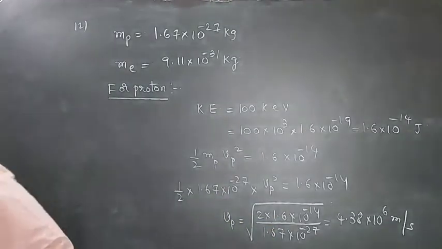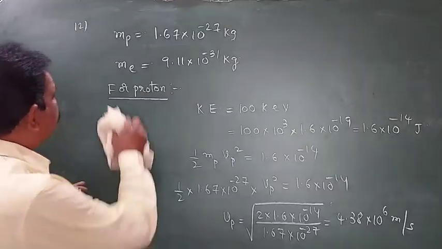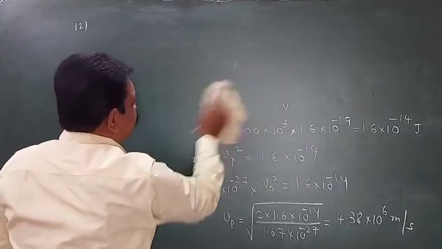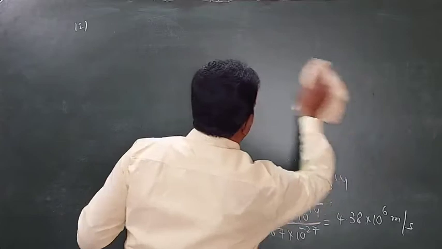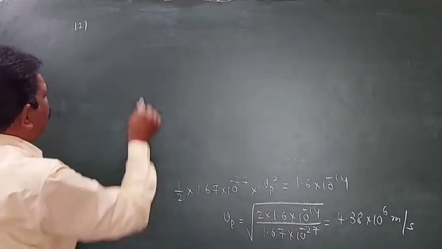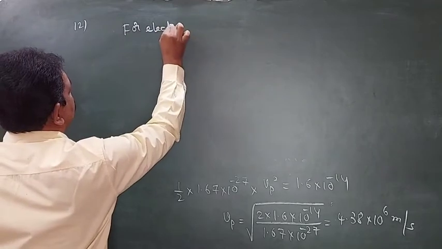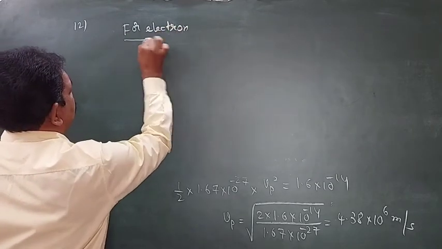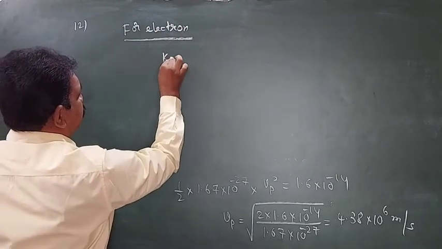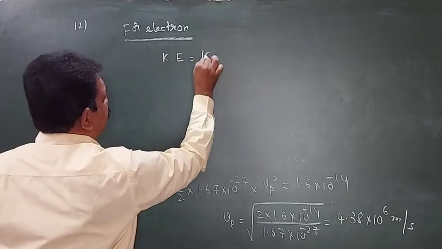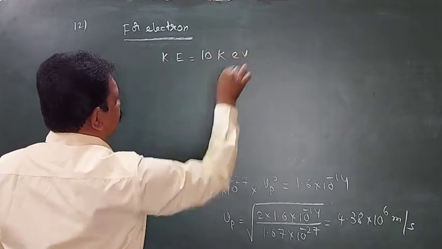Next, for the electron, they gave the kinetic energy as 10 keV.